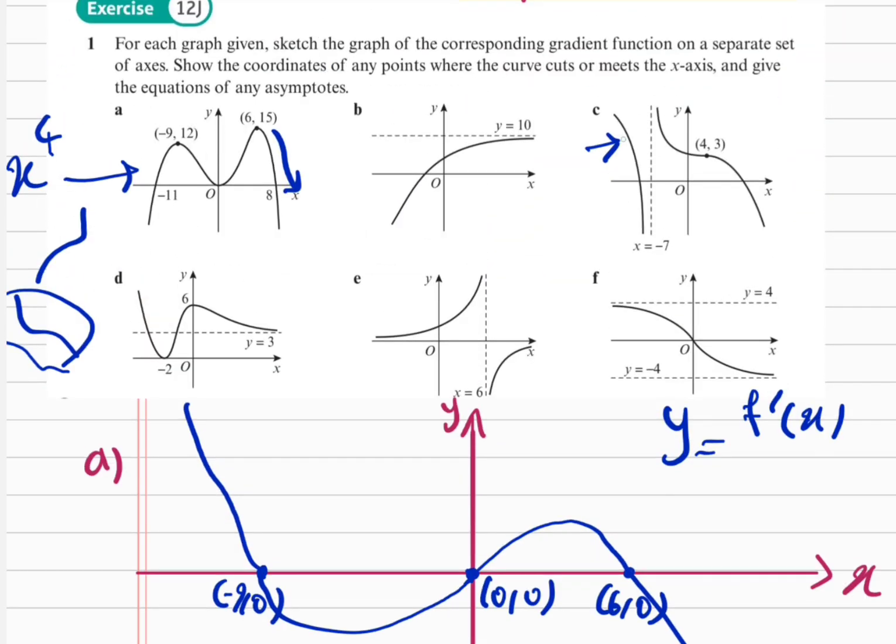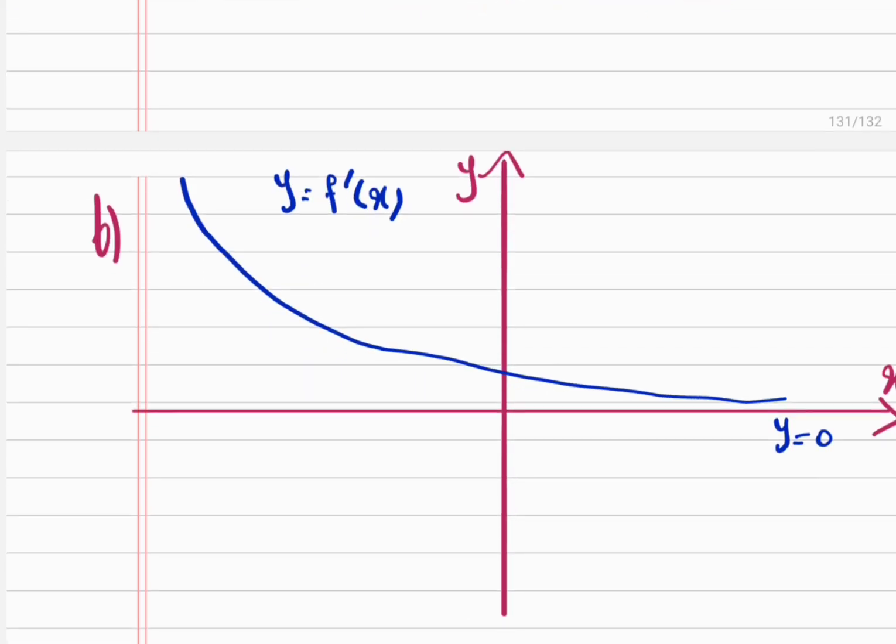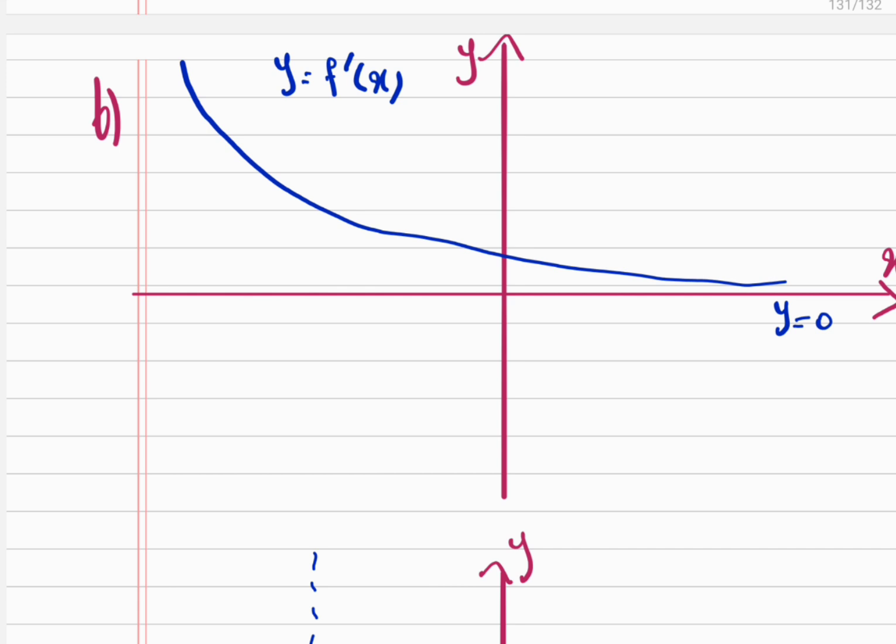Okay, now if you start with the left hand side, as you can see, the gradient of this curve is negative because it's decreasing, right? As you can see, it's going down and it's decreasing. So if you have a negative gradient, that means f dash x is below the x-axis.